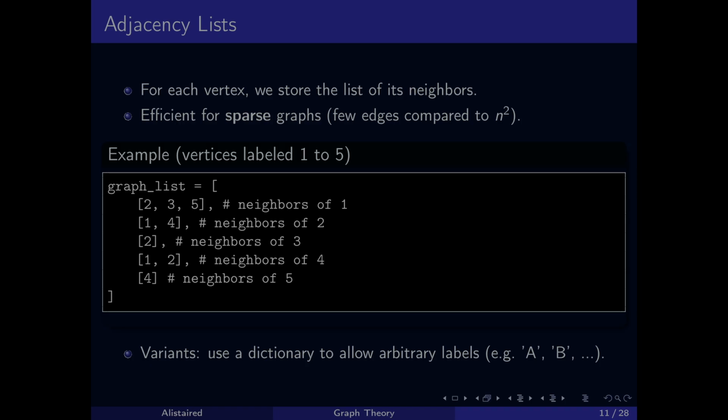It's very useful when you're trying to represent graphs that are sparse, when there aren't many connections, and the graph is not very well connected and it's not dense. For a very sparse graph, an adjacency list is important and very useful.